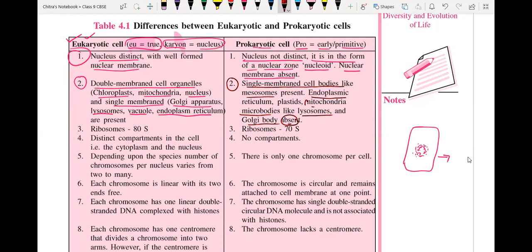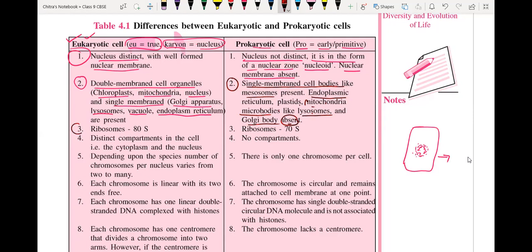Endoplasmic reticulum, plastid, mitochondria, then microbodies like lysosomes and Golgi bodies are absent. Here it says nitro, but it is mitochondria, it is a print mistake. Only mesosomes and single membrane cell bodies are present.